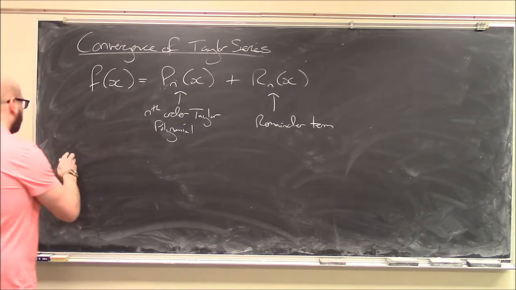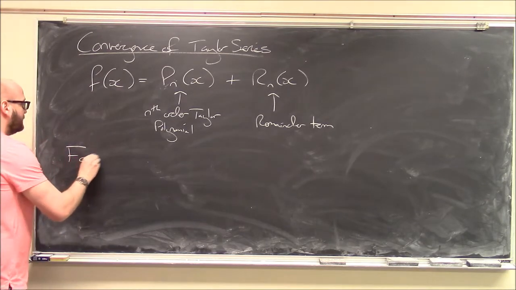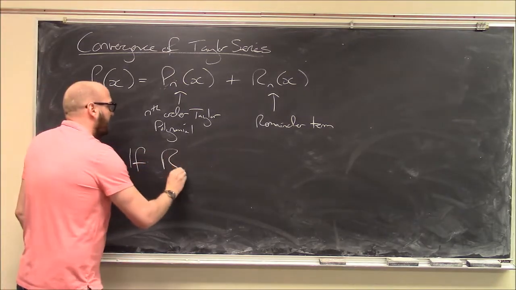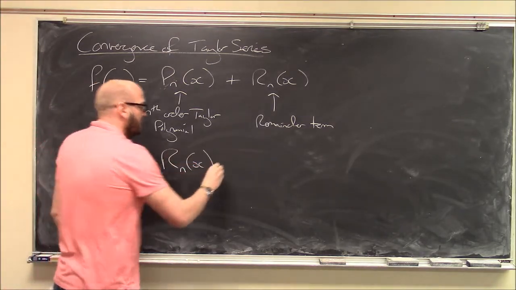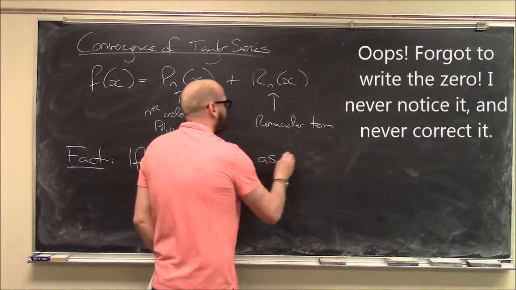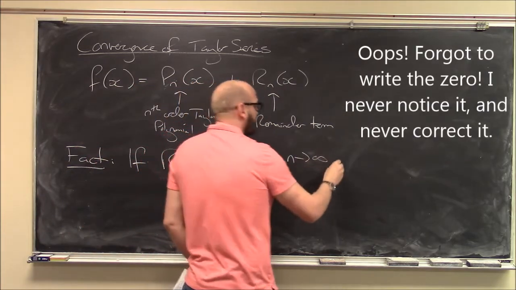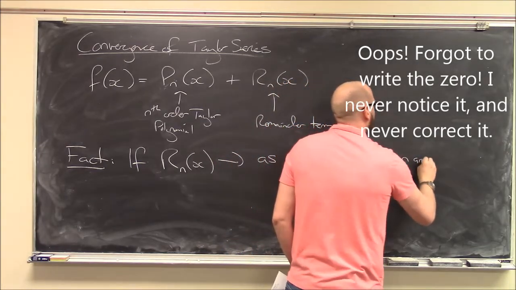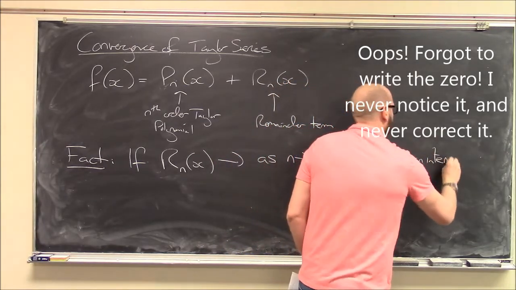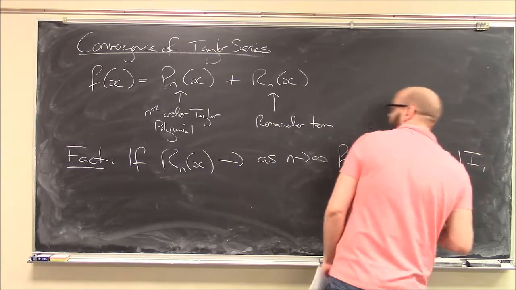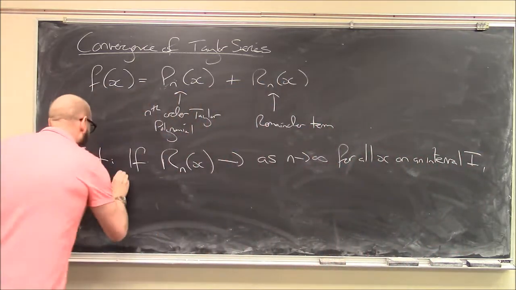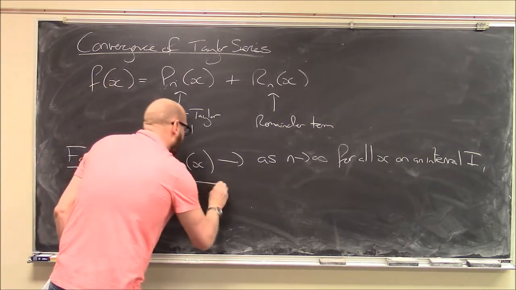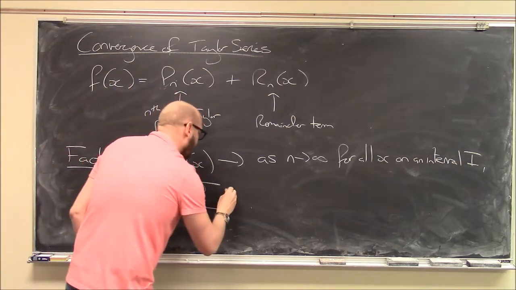And it turns out, here's the fact, if the remainder term tends to 0 as n tends to infinity, for all x on an interval I, then f of x is actually equal to its Taylor series expansion.